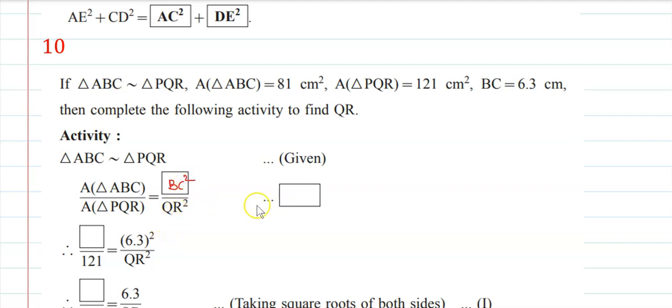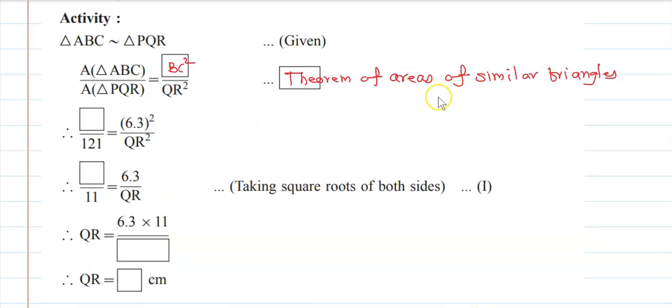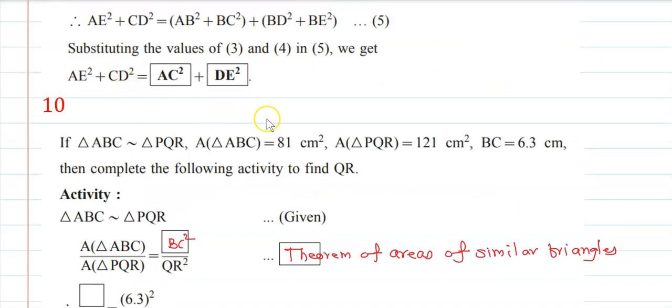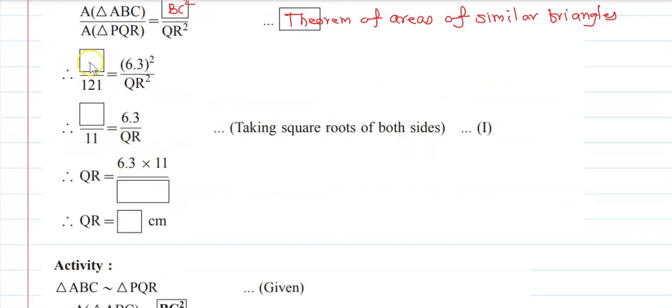Now the reason is theorem of areas of similar triangles. But what is it now? Area of triangle ABC is 81. Okay. 81 upon 121 is equal to 6.3 bracket square upon QR square. Taking the square root, you will get 9 upon 11 is equal to 6.3 upon QR. Therefore, QR is equal to 6.3 into 11 upon 9.